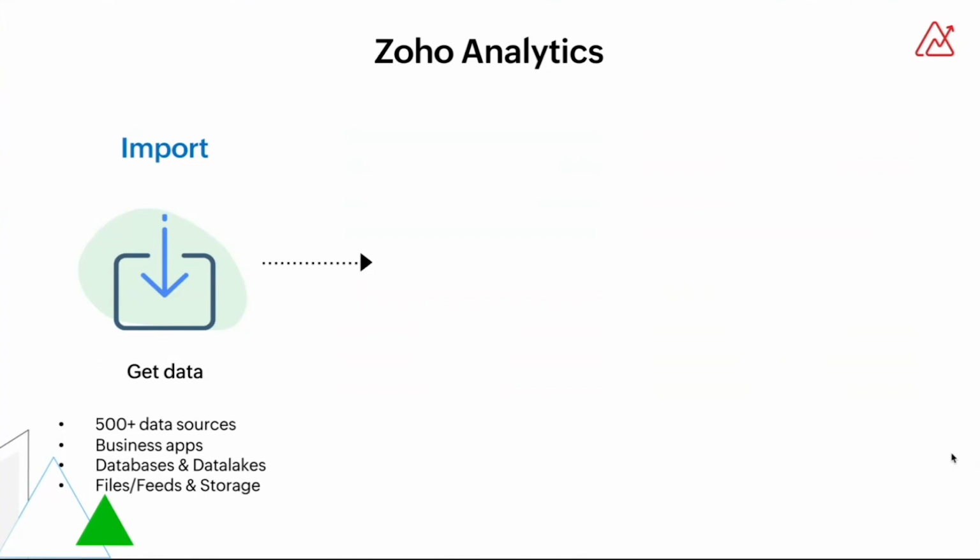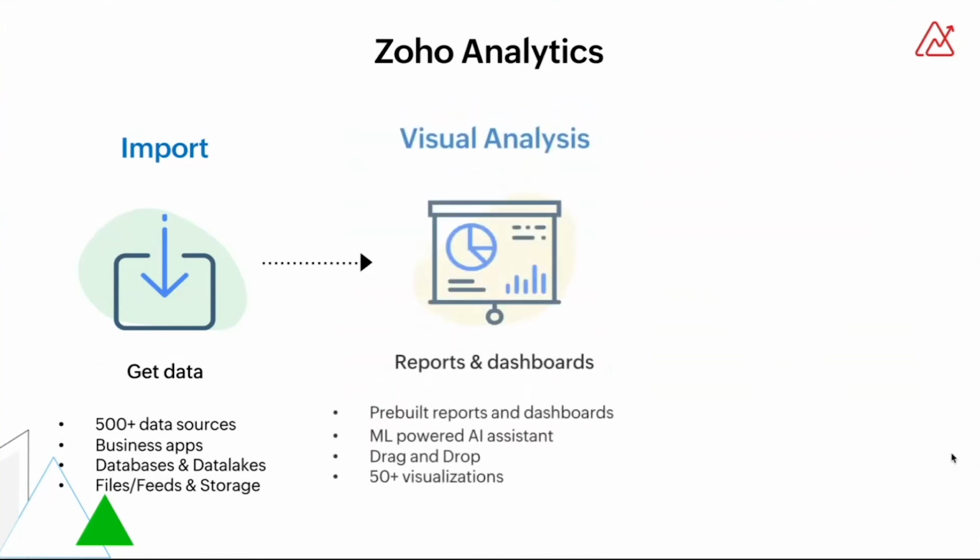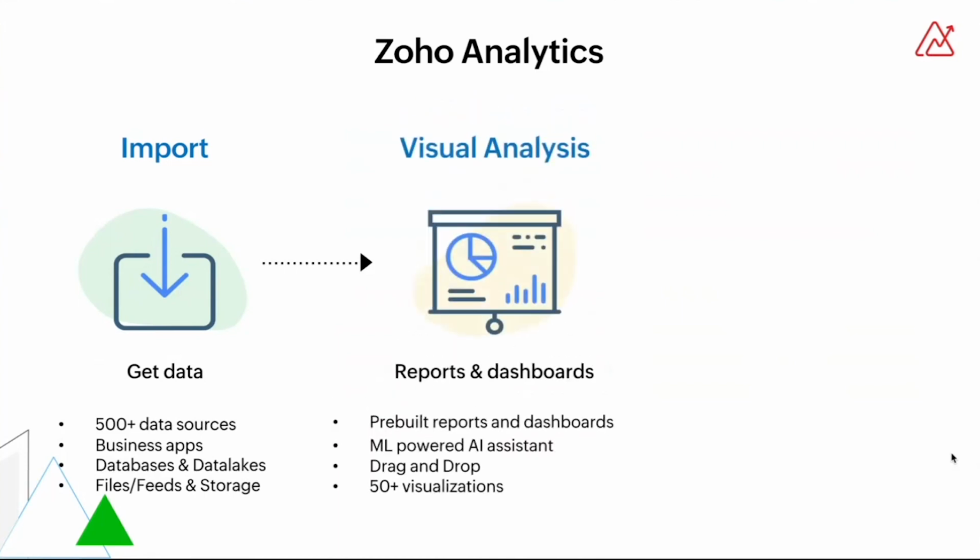Once you bring in your data, you will then start preparing and processing the data. And once that's ready, you will be moving on to the visual analysis layer. Here, we offer pre-built reports and dashboards for business app connectors. So all that you have to do is just authenticate your service and you're good to go.